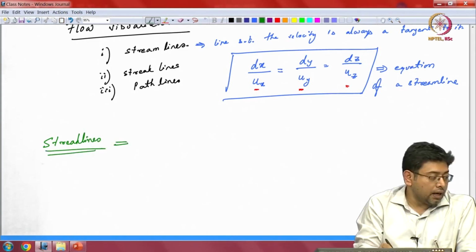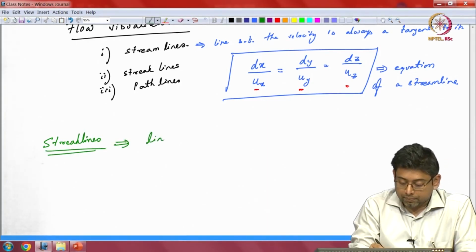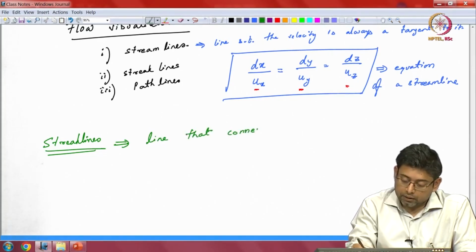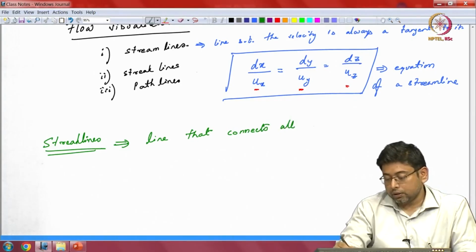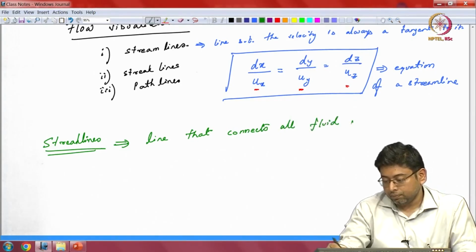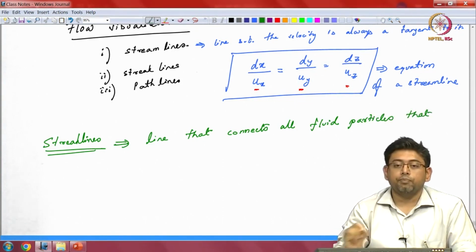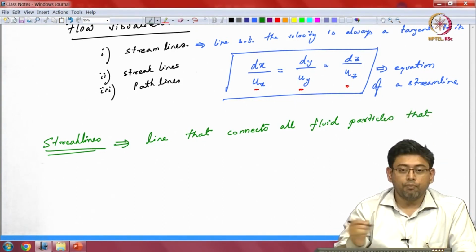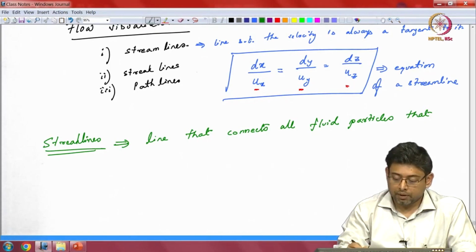Now, streak lines are a line that connects all fluid particles that have passed through a certain point at some given time in the past.